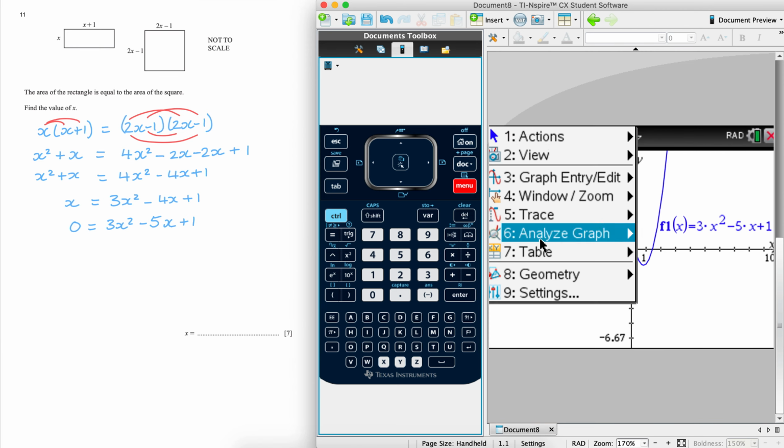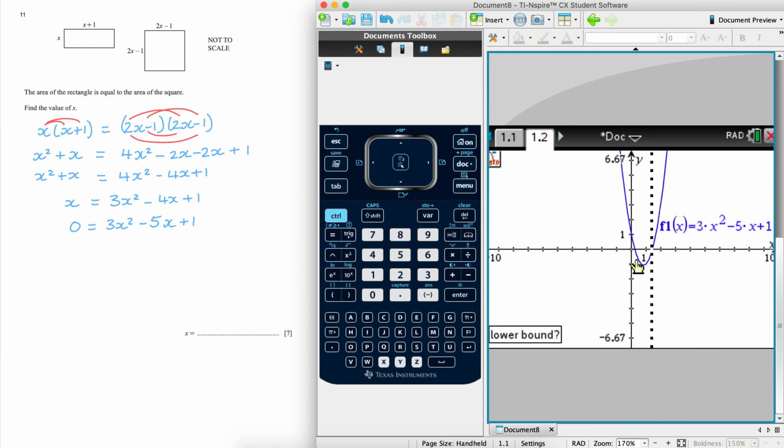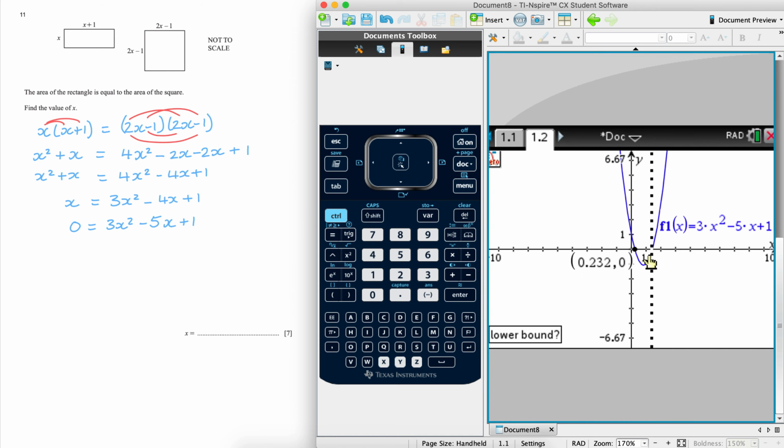So I can now do analyze graph, and I can find the zeros. I'm just clicking either side of the solution, and I can see that the first one is 0.232, which is what we just found, and the second one, clicking again either side, is the 1.43. Okay, so I've got those two possible answers on both of them.